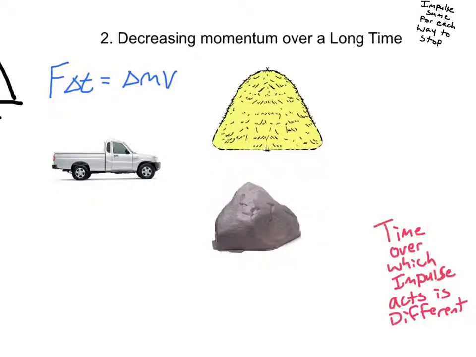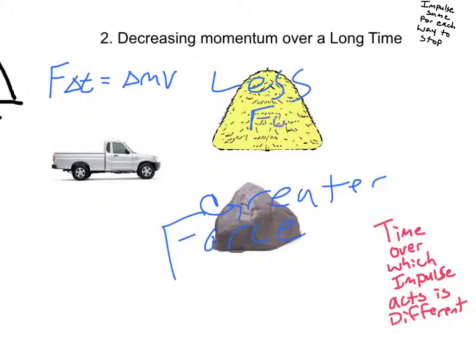So the effect of that is a much greater force using the boulder to stop. Okay, so it's a much greater force. Here, with the haystack, you'll have much less force to stop the car. It's because of this that things like padded baseball gloves and car airbags work. They each increase the amount of collision time, thereby reducing the amount of force experienced.